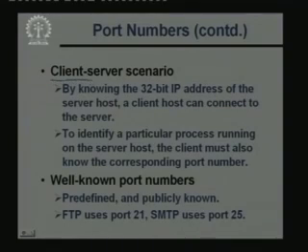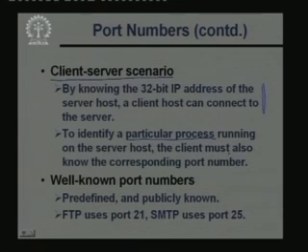Now, let us see. In the client server scenario, by knowing the 32-bit IP address of the server, a client host can first establish a connection to the server. But not only this, in the client server scenario, the appropriate server program, the particular process, must also be identified.